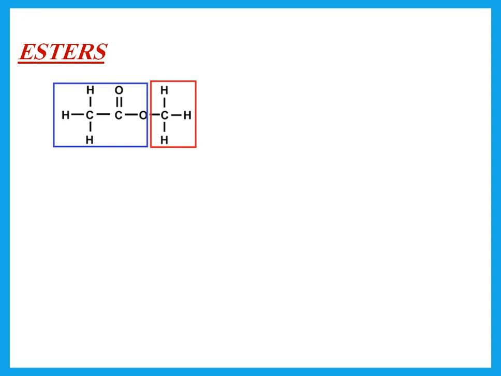How many carbons? 1. So I started with methanol, and my name should be methyl something. Then the part on the left was the acid. How many carbons? 2 carbons. That means I started with ethanoic acid, so my ester should be ethanoate.